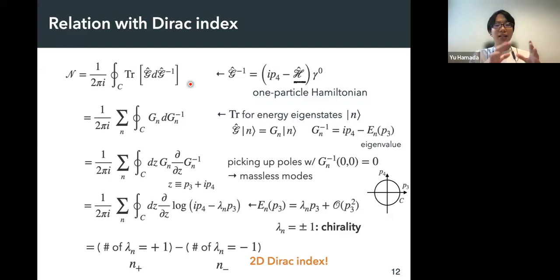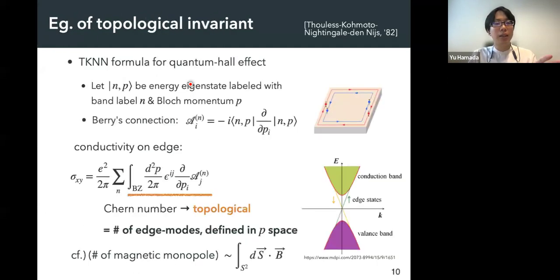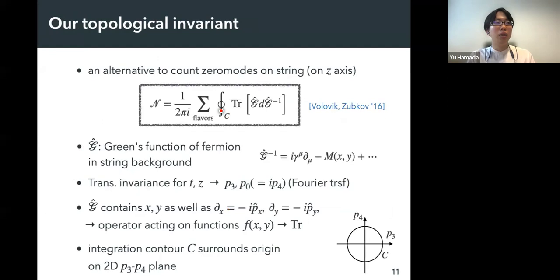in the standard story, if we count the edge modes on some soliton or some lower dimensional system, this has to match with the bulk anomaly, and both of them are given by some index theorem and so on. In our case, this quantity is more general than the index theorem, because we don't assume anything.